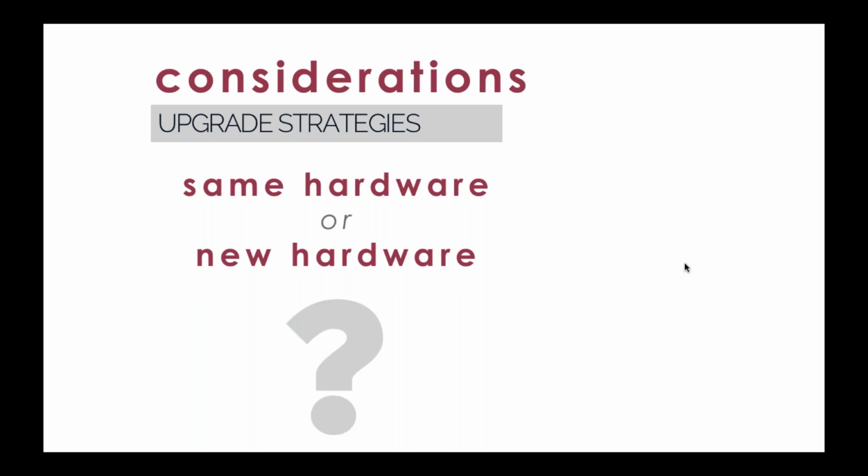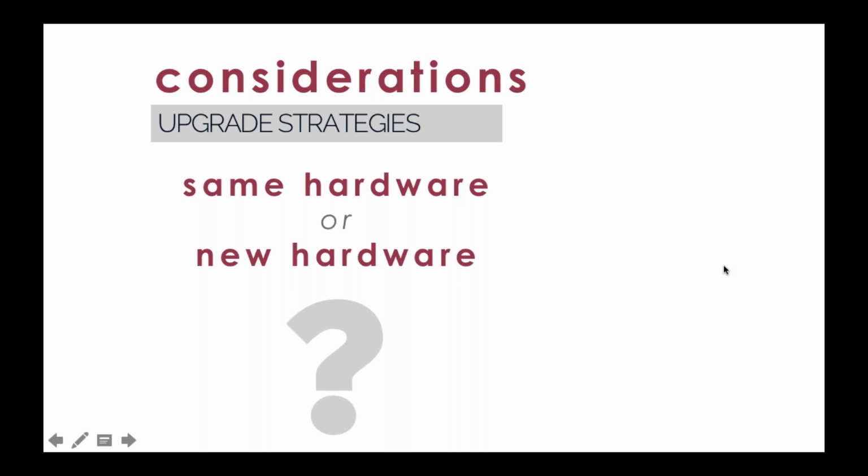But the way I look at it is, what we do would be totally irrelevant if there is no business case for it. And so if you're doing a same hardware upgrade, you ask yourself the question, when is this hardware going to be up for a lease renewal? If it's just around the corner, wait until it's ready.